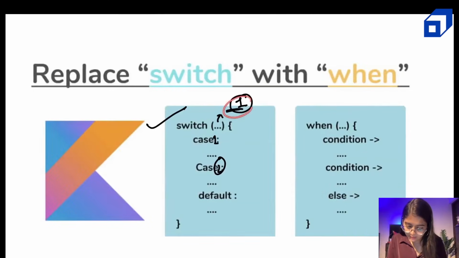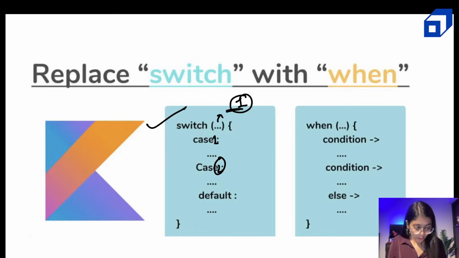So inside the when expression, it compares all of the branches one by one until a match is discovered. Let's say we have 3 here, so if any condition matches, we find the first match and then proceed to running that particular code block.